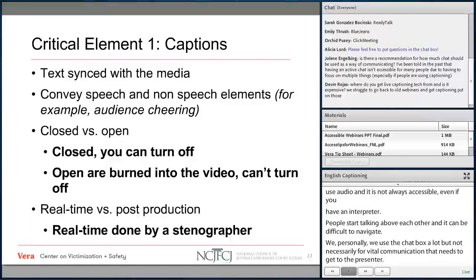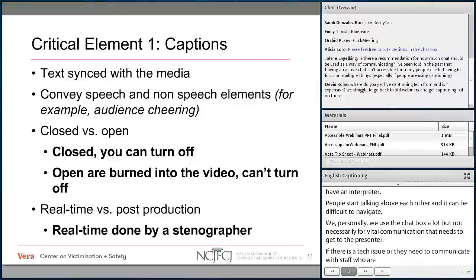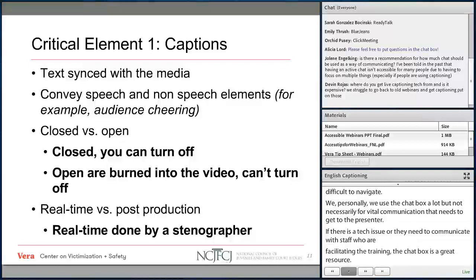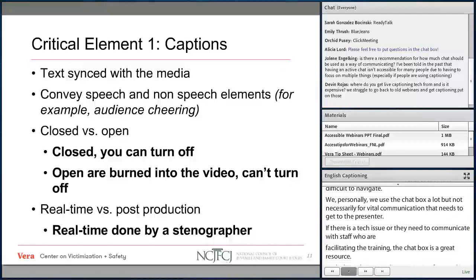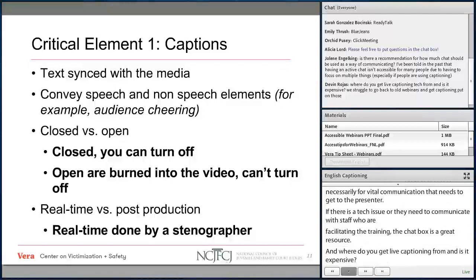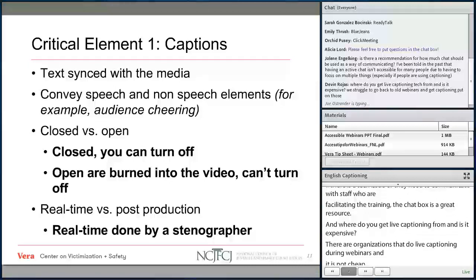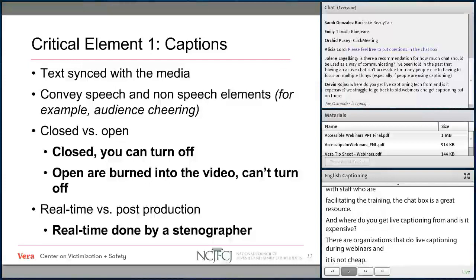And then where do you get live captioning from, and is it expensive? There are organizations that do live captioning during webinars. It's not cheap. We spend between $65 and $85 an hour for captioning, but it's a live captioner and you'll want to vet captioners and make sure that they are comfortable with the content that you're talking about, that they are adequately captioning, that they're accurate.